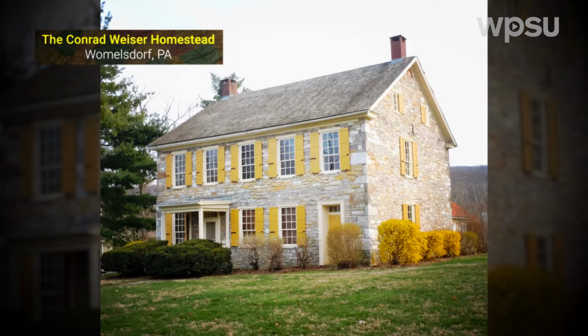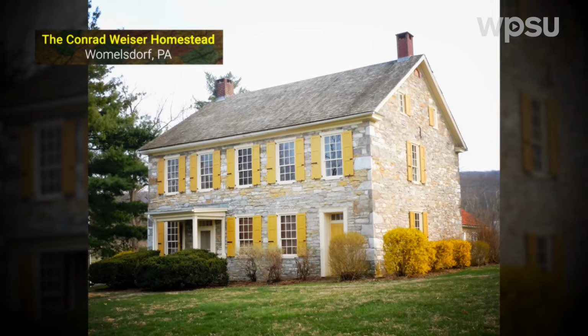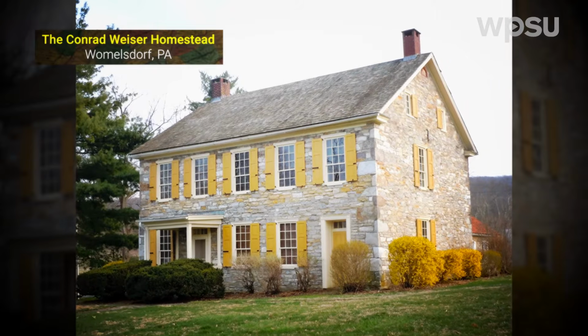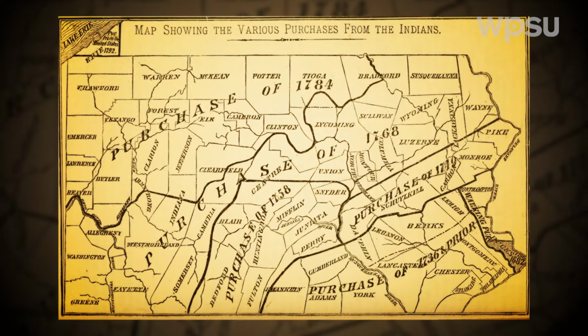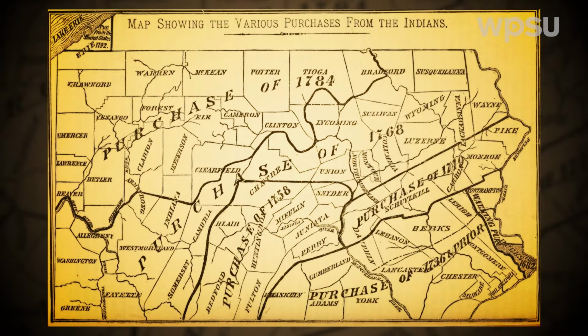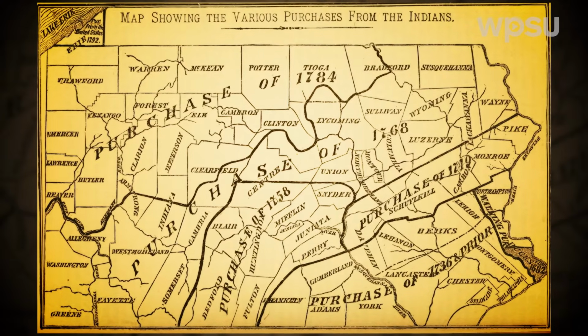In this uncertain climate, diplomats such as German-born Conrad Weiser acted as a cultural and political bridge between disparate societies. Even so, acts such as the Walking Purchase Treaty, an infamous 1737 land grab that robbed the Lenape of their territory in eastern Pennsylvania, hardly smoothed relations over.